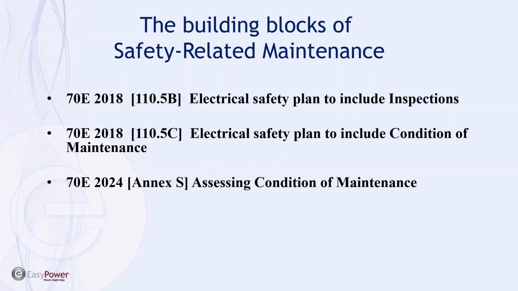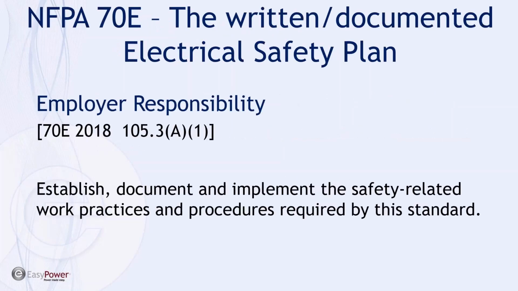In 2018, the electrical safety program, I'm going to call a table of contents or elements that would be in your electrical safety program. The 70E standard added into that the inspections criteria, and again reference that condition of maintenance program as well. And again, we see one more embellishment to that as we look at 70E all the way to 2024.